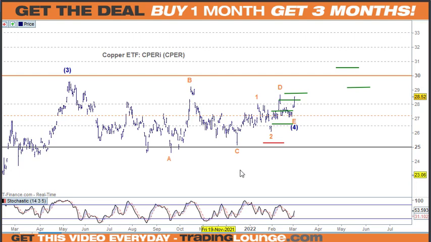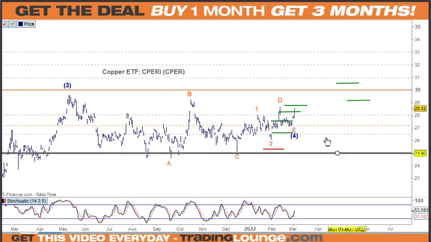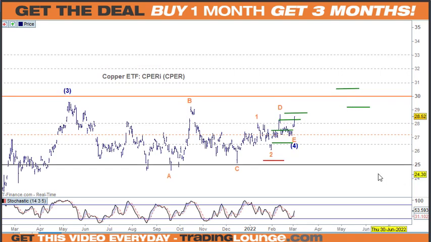But most people lose money in the corrections, so it's like burning their fingers on the stove. They don't like going back to it. They don't like them. That's not trending. I don't want it. But you have to understand the corrections, and they're not easy at times, especially these wave fours. This is why we build up a lot of positions early in the trend, because it's the beginning of the trend.